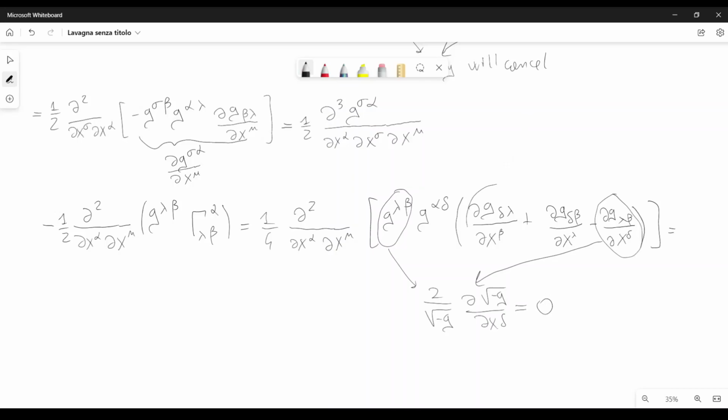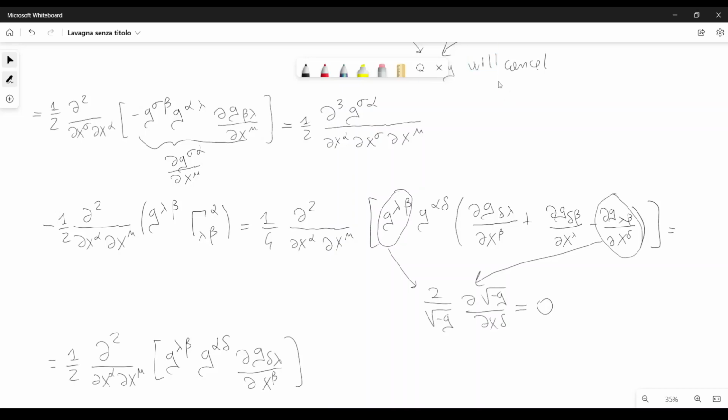And also we can combine these two terms together when we multiply, and this will be equal to 1/2 second derivative with respect to x alpha with respect to x mu of g lambda beta g alpha delta derivative of g delta lambda with respect to x beta.